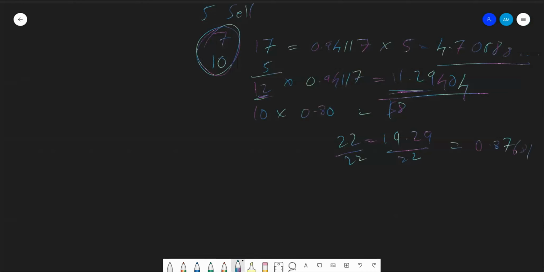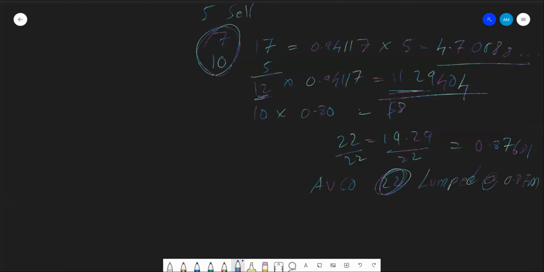But what we have to remember in this, in the AVCO variation, is that all of those 22 are lumped together at 0.876. So there is no longer, if we're going to have the old ones first or the new ones first go out, that no longer applies.